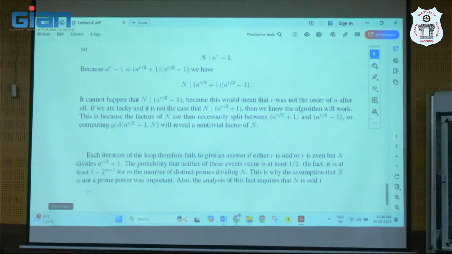So were you guys able to show that QFT is a unitary transformation that has orthonormal rows and orthonormal columns? Tomorrow you will show. Okay.